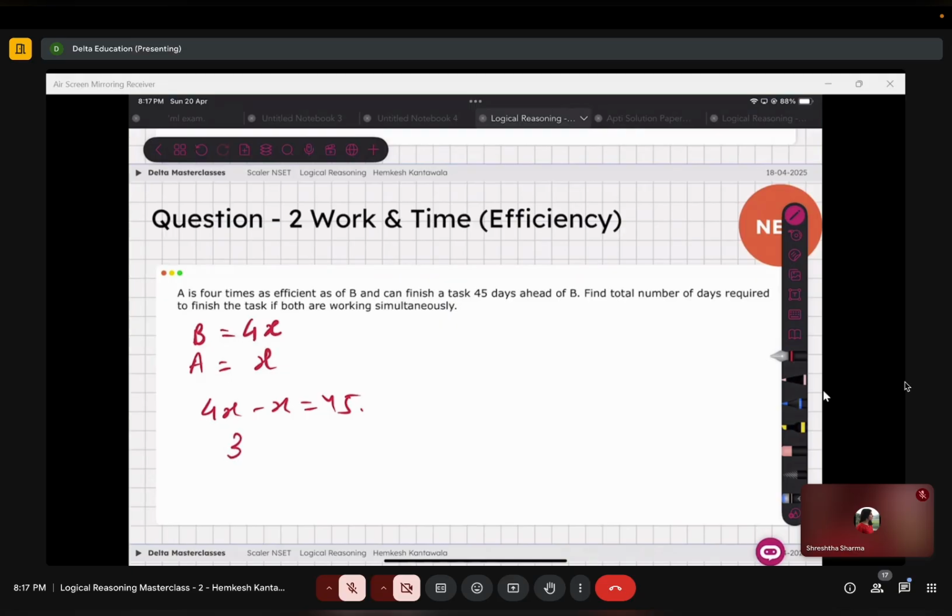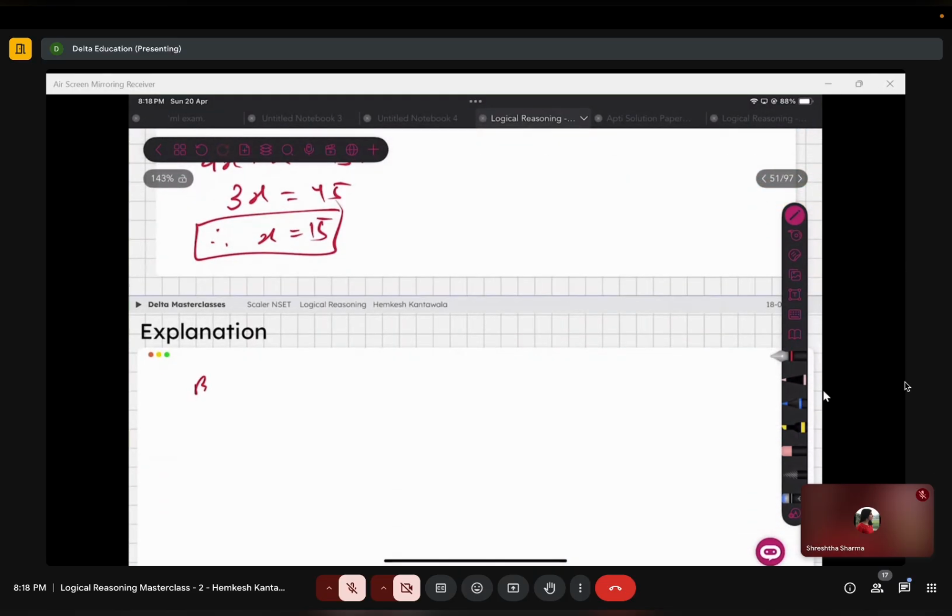From here we get 3x equals 45, and the x value is 15. If x is 15, then B does the work in 4x days, which is 4 times 15, equal to 60 days.